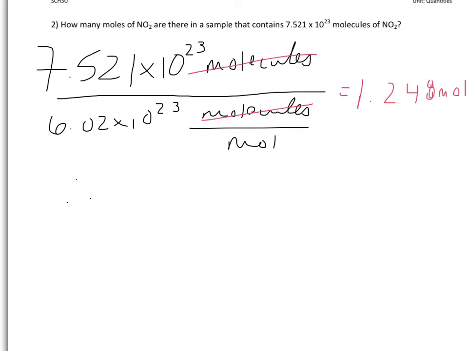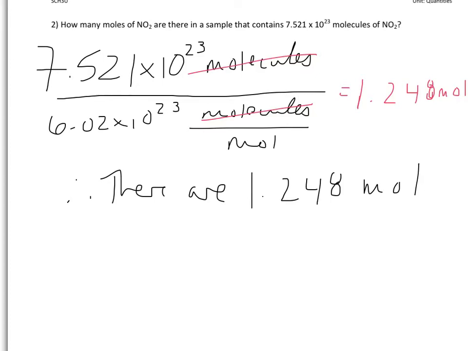Therefore, I go back up to the top and look at my significant digits: 1, 2, 3, 4 significant digits, 1, 2, 3, 4, my answer, I'm good. There are 1.248 moles of NO2.